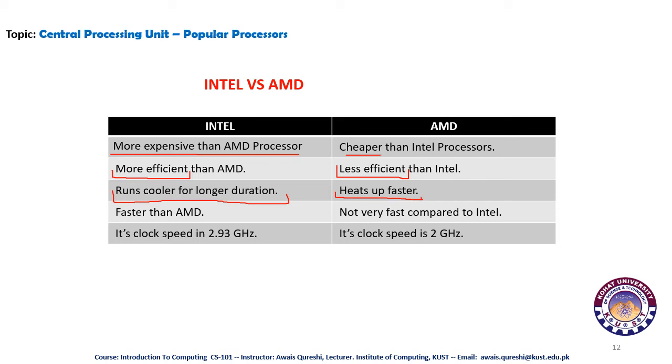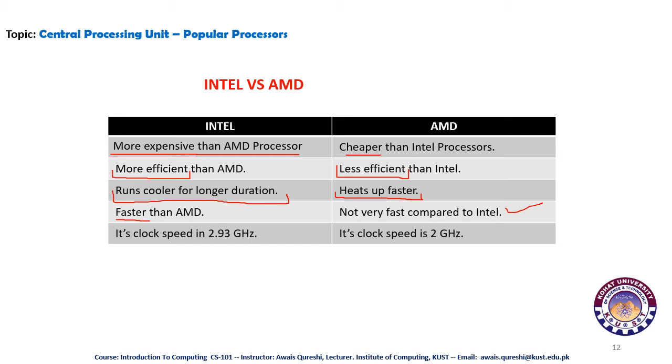Your processor generates more heat, and sometimes your applications crash while running on the CPU. And the fourth point is that it is a faster processor than AMD, and AMD is not much faster as compared to the Intel processor. So as you can see from the differences, Intel beats AMD in many areas.